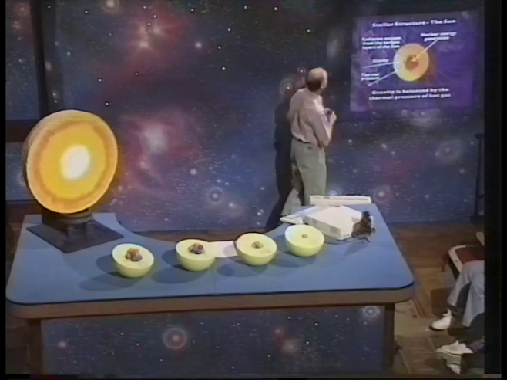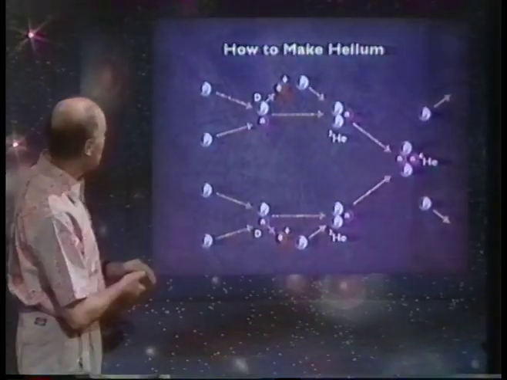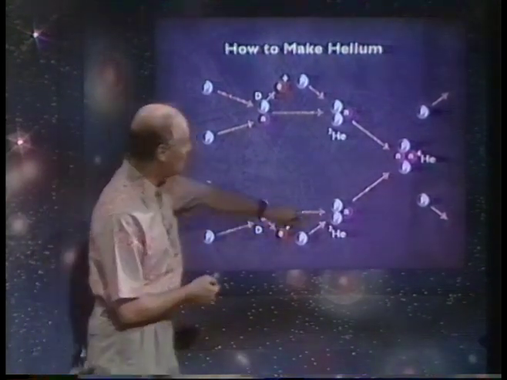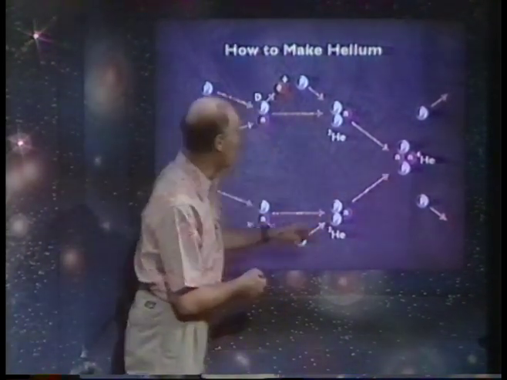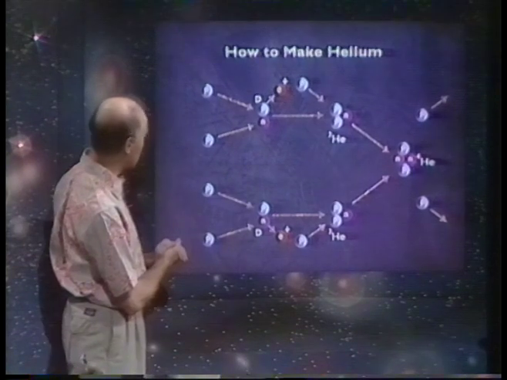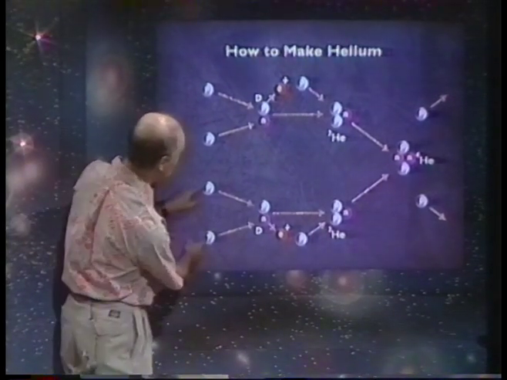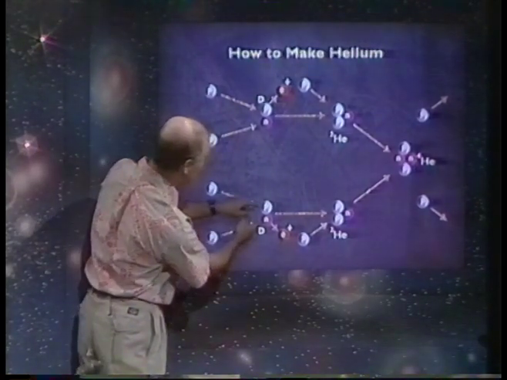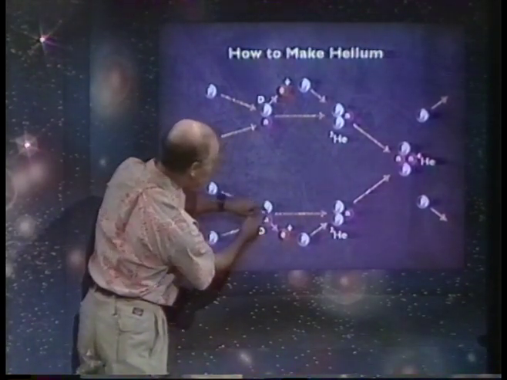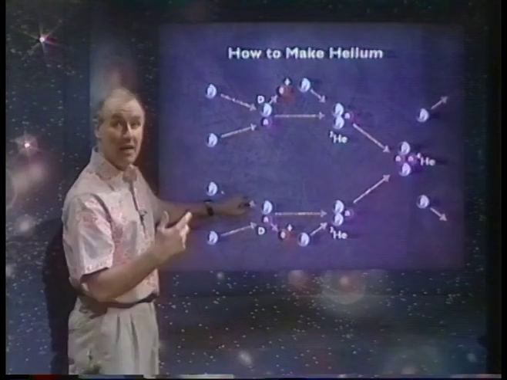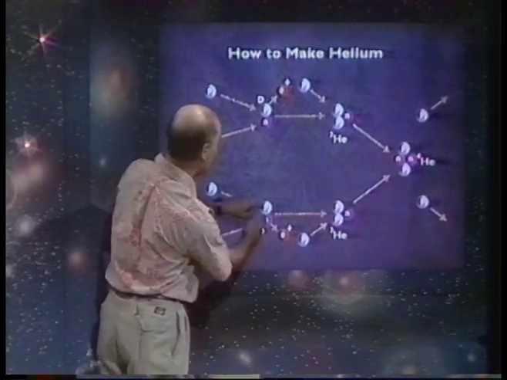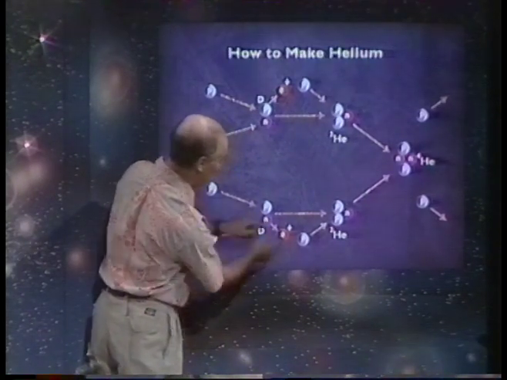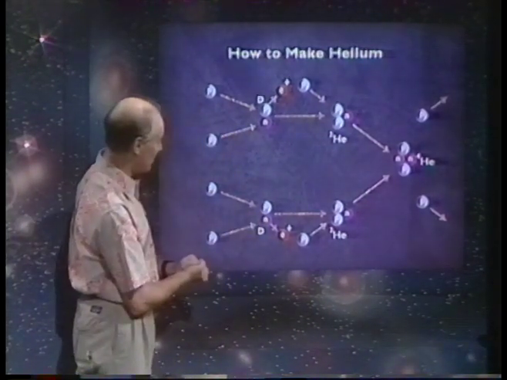On the next picture here, you will see how to convert 4 of the positive protons into a helium nucleus. It goes through a number of stages. I look at this bottom channel, since they're both the same. 2 protons combine together to produce a deuterium nucleus, which is the heavy isotope of hydrogen, a proton and a neutron, and throws out a positive electron, a positron, in that process.